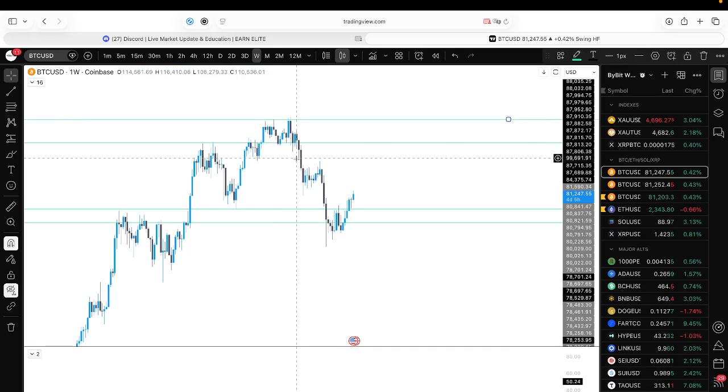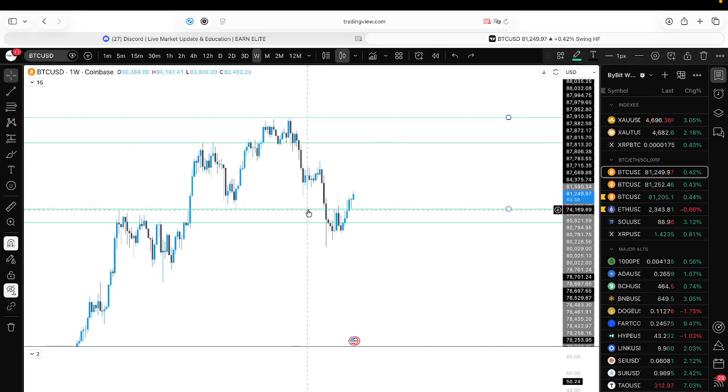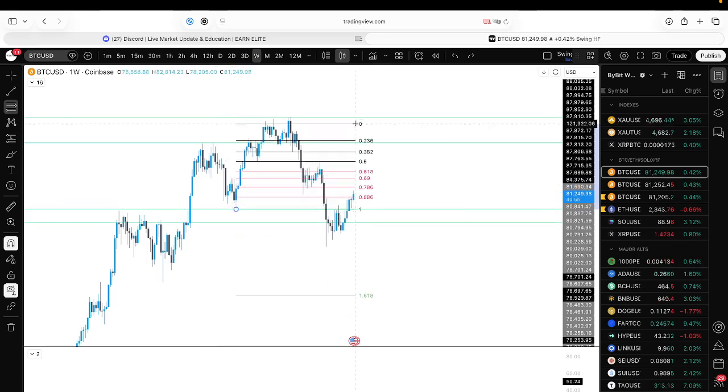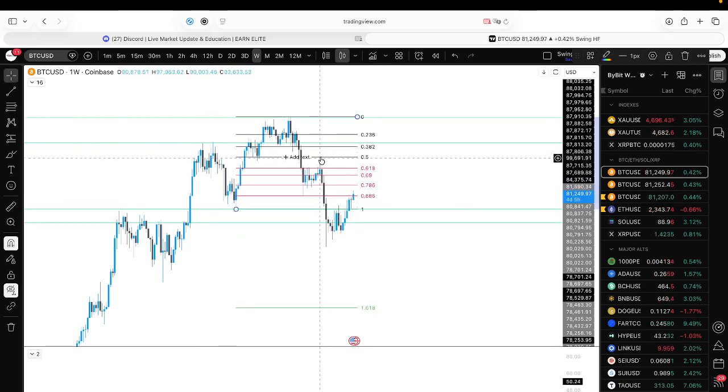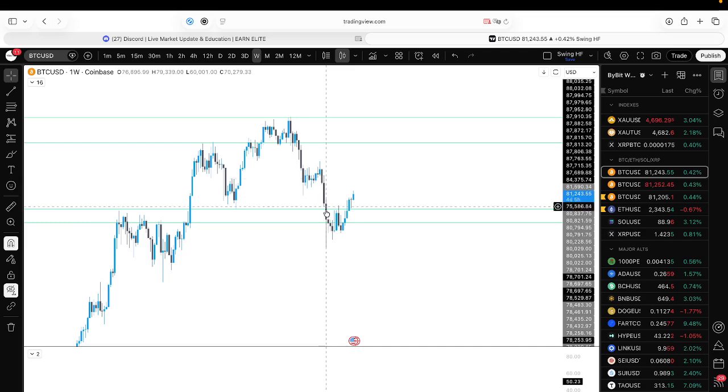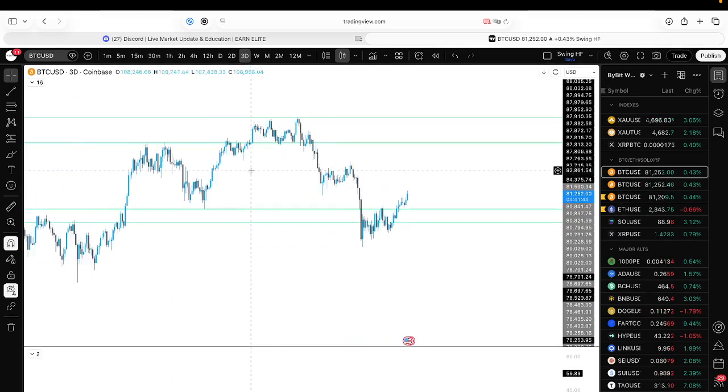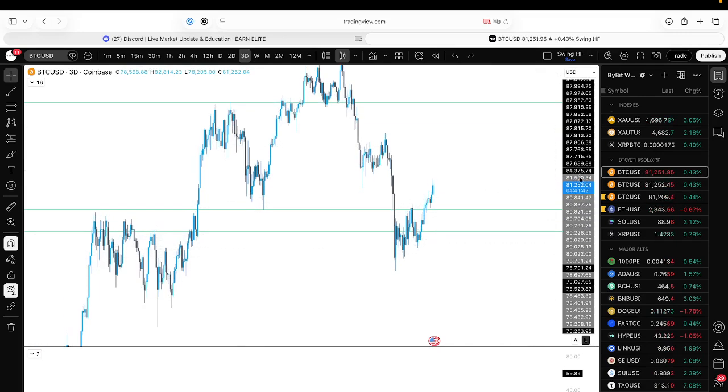and then down again. Then down here, if you go with a Fibonacci, you can almost see we almost hit the 0.5 level of the range. By the way, we went down here, and this is the weekly. Then we go on the 3-day chart.